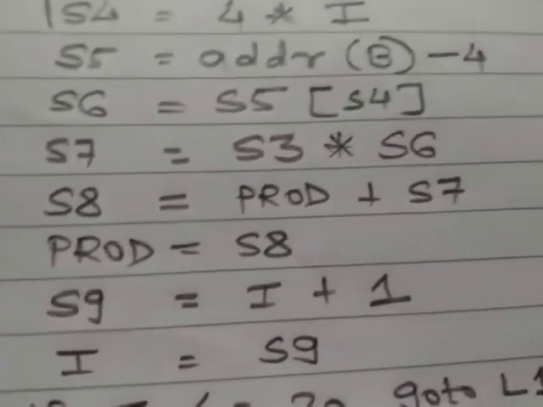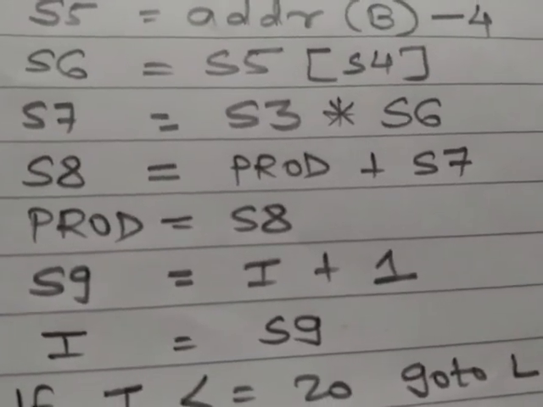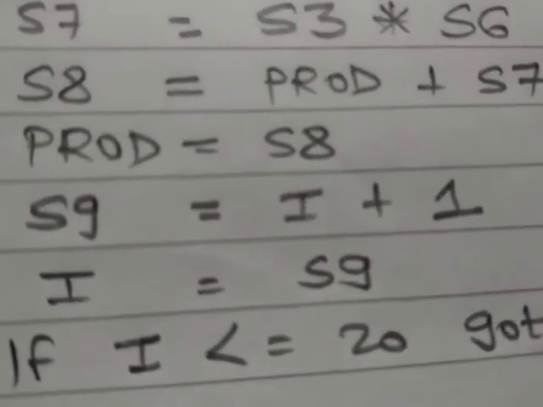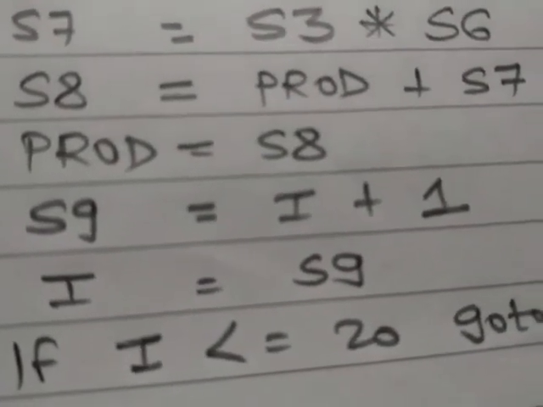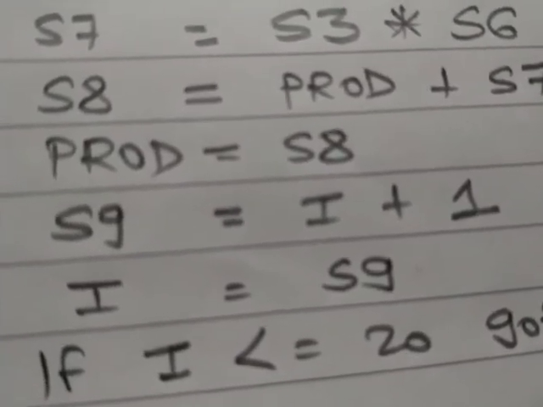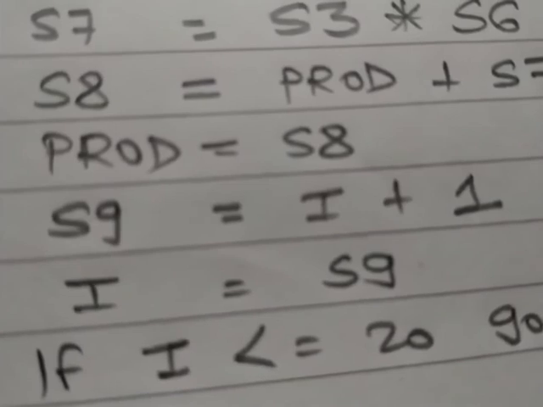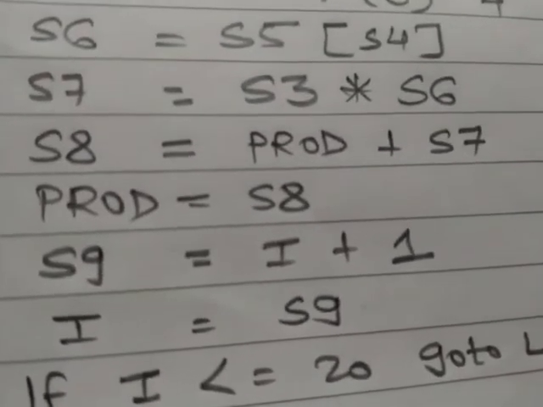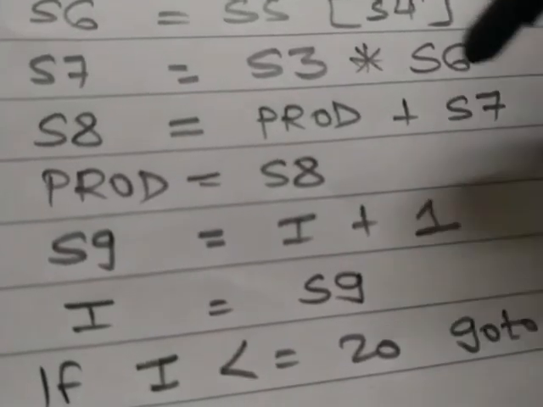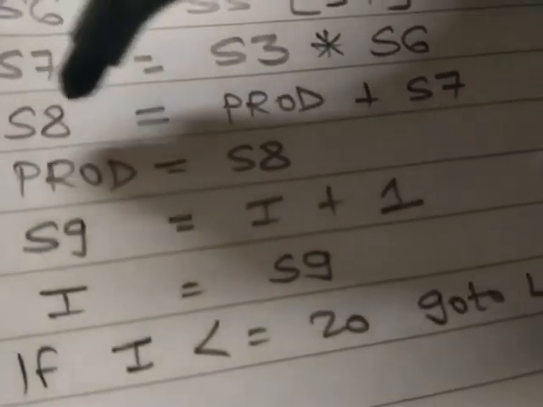Also, if you focus on asset, what is asset doing? Asset is creating product plus S7, and then product equal to asset. So this can be improved. If we want to create the product, it can be created as product plus S7. That means this product plus S7 is already created, we are assigning it to asset, and asset is assigned to product.